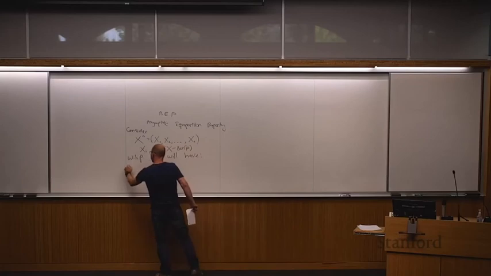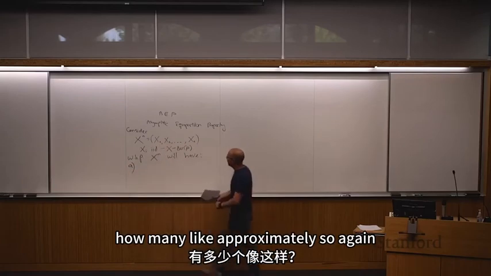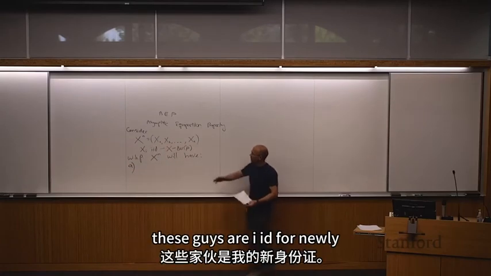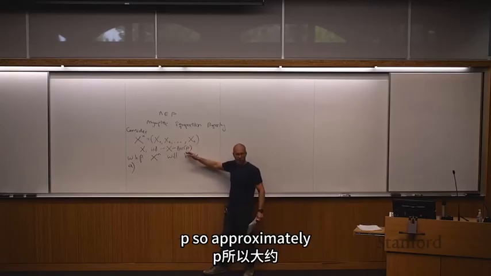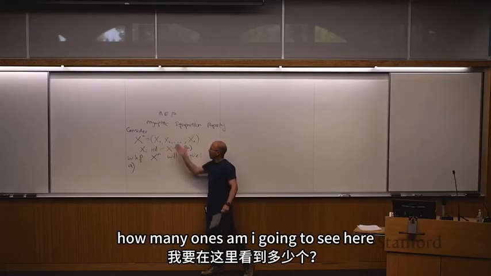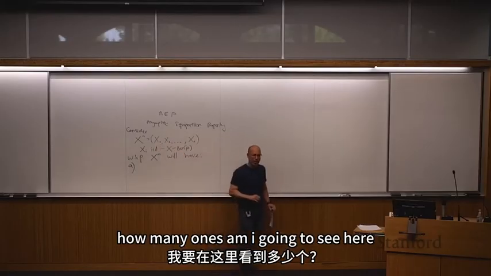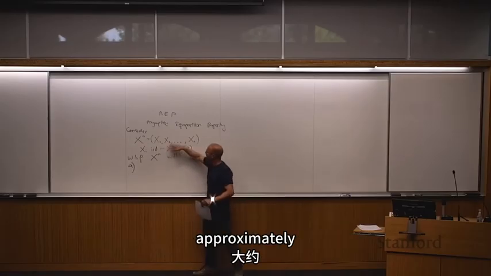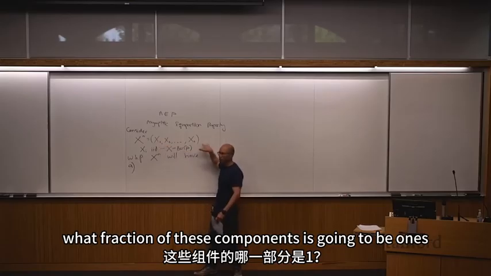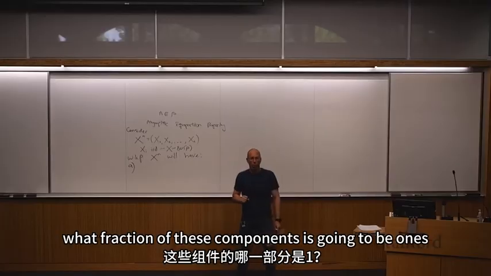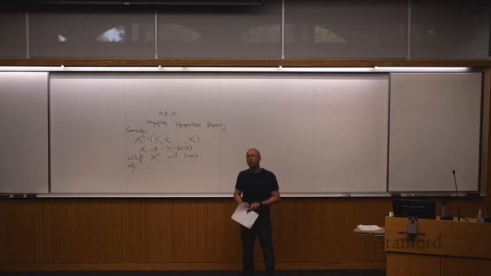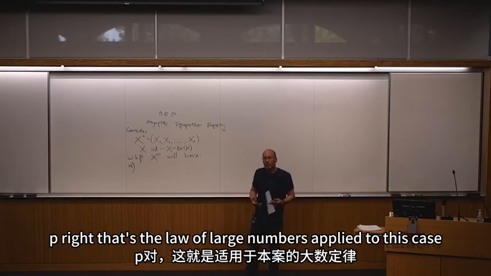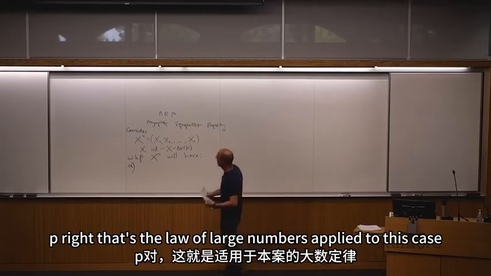Number one, these are IID Bernoulli p, so approximately, what fraction of these components is going to be ones? p. That's the law of large numbers applied to this case.